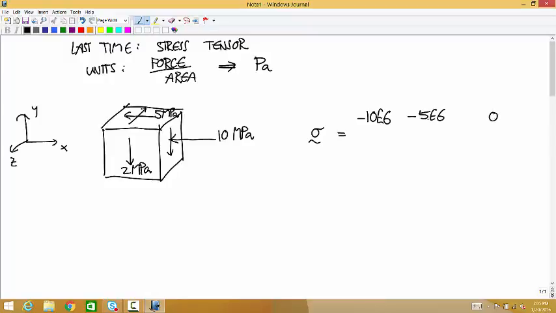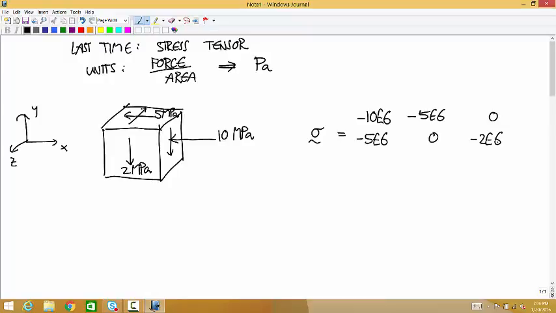On the y face, symmetry says that this has to be negative 5 times 10 to the 6th. There's no normal stress. And then in the z direction, there is a negative stress of 2 times 10 to the 6th.